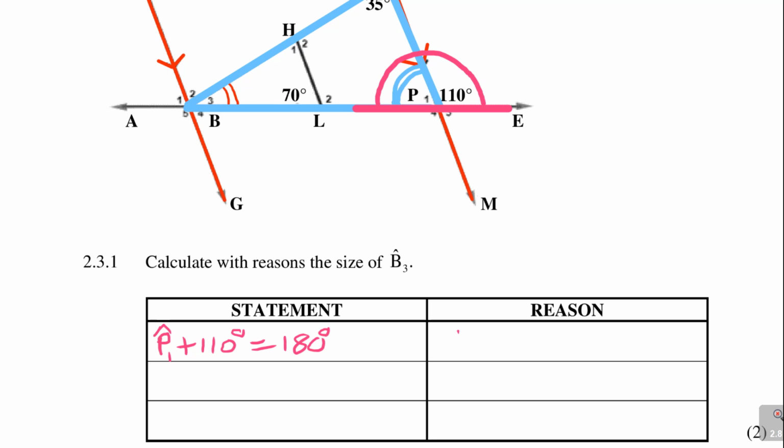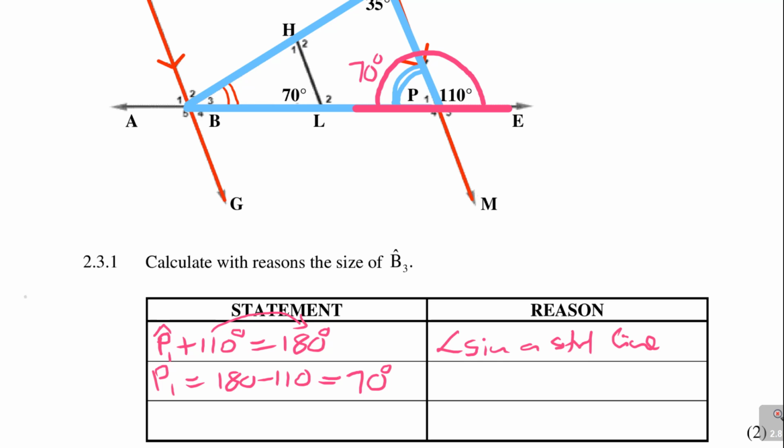So what are you going to say? This is angles on a straight line, they add up to 180. So you take that 110 to join 180. What do you have? P1 is equal to 180 minus 110. Then you can get your answer. This will be equal to 70 degrees. So you've got your P1 as 70 degrees.